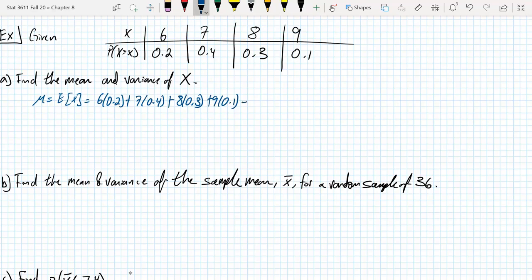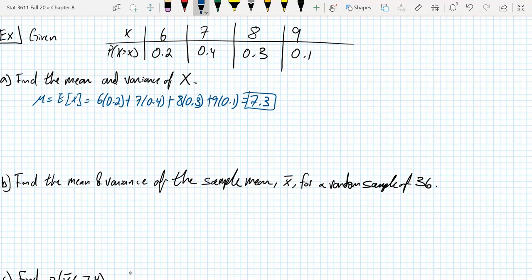And so let's run that through a calculator. We have a mean of 7.3.